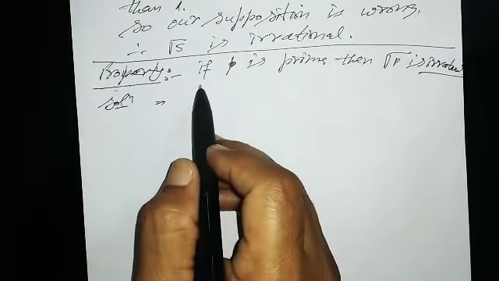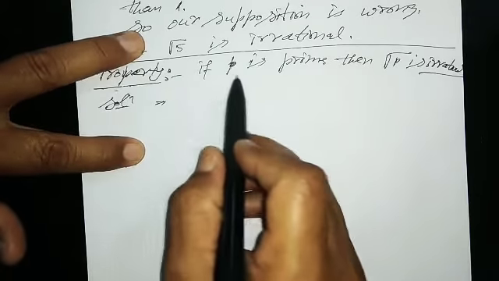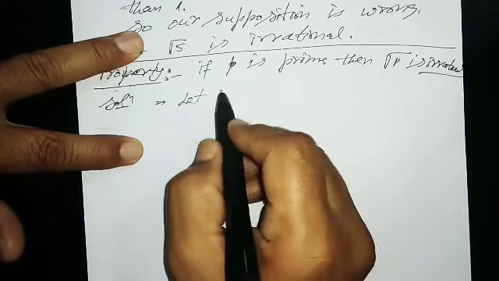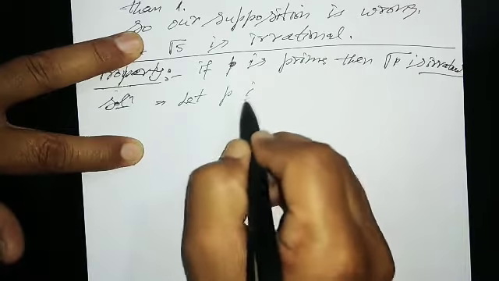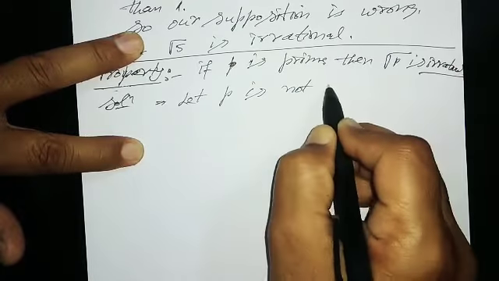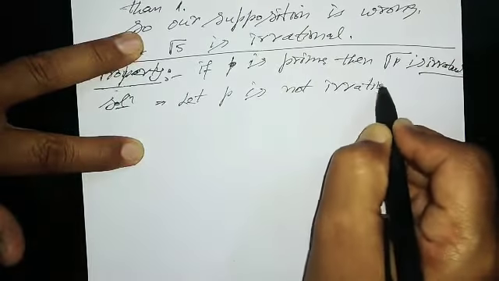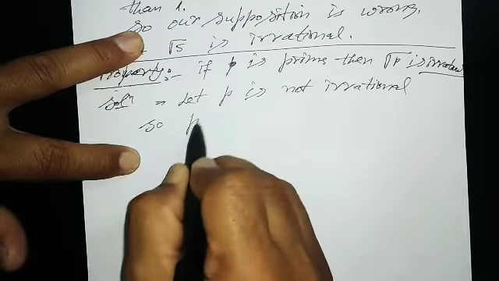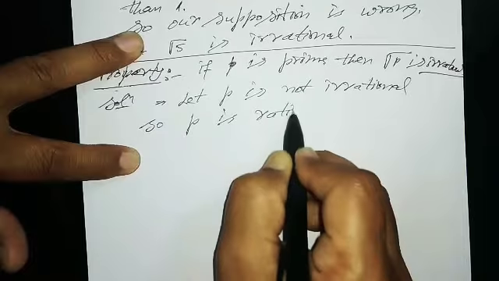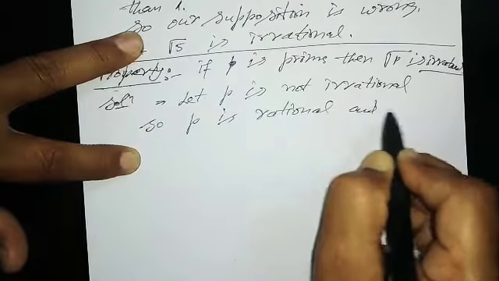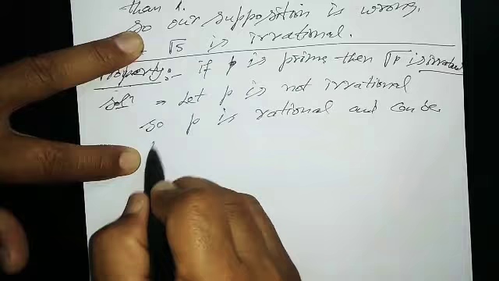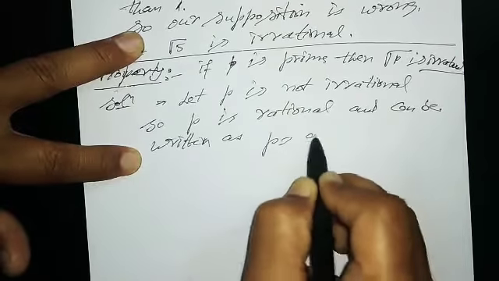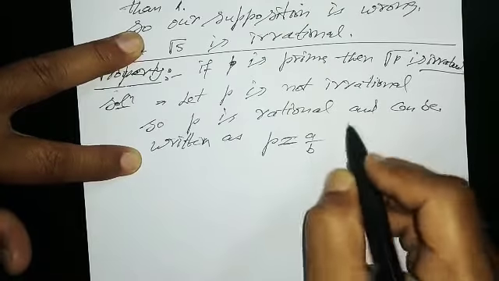Now the process will be the same as in the above questions. We have to prove that root p is irrational, and we start by letting root p be not irrational. A number which is not irrational is rational, so root p is rational and can be written as root p is equal to a by b.